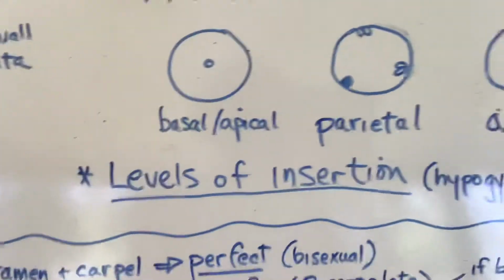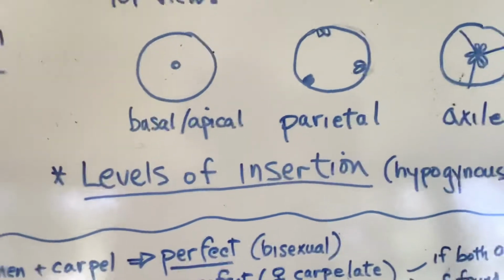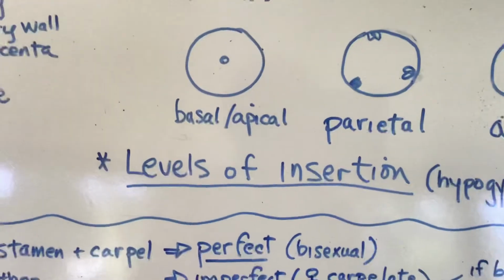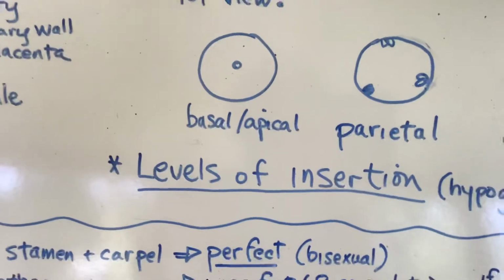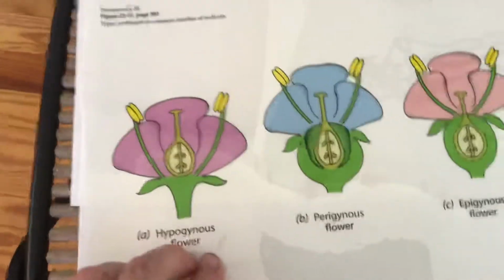We also have what they call levels of insertion, or different types of flowers based on where the sepals, petals, stamen, and carpel come in together. So let's look at that. This is something that's called hypogynous.